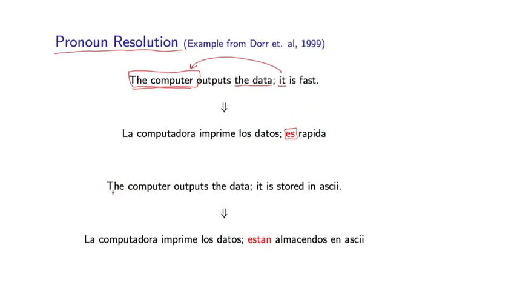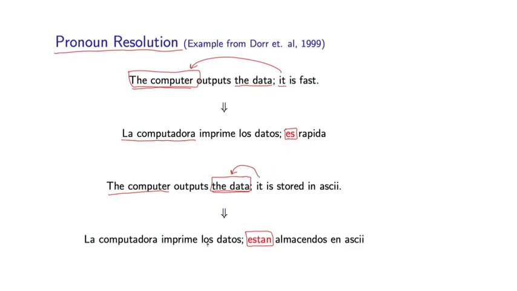Okay, so now let's look at a second example. The computer outputs the data, it is stored in ASCII. Again, there are two potential noun phrases that it could refer to. In this case, it's very clear from the context that it refers to the data, because it makes sense for the data to be stored in ASCII, it doesn't make sense for the computer to be stored in ASCII. Now notice in the second case, it is translated as a different pronoun in Spanish, están. Why is that? Well, in the first case, es refers to a singular noun phrase, and so it's translated in this sense.